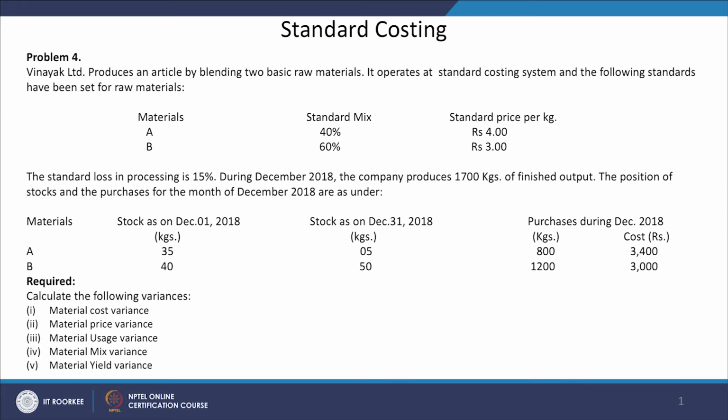First, how do we calculate those purchases and how do we use them? How much opening stock is available with us on the 1st December? For material A it is 35 kgs, and what is the price? The opening stock price is not given to us. In case of B, the opening stock available is 40, and that price information is missing.